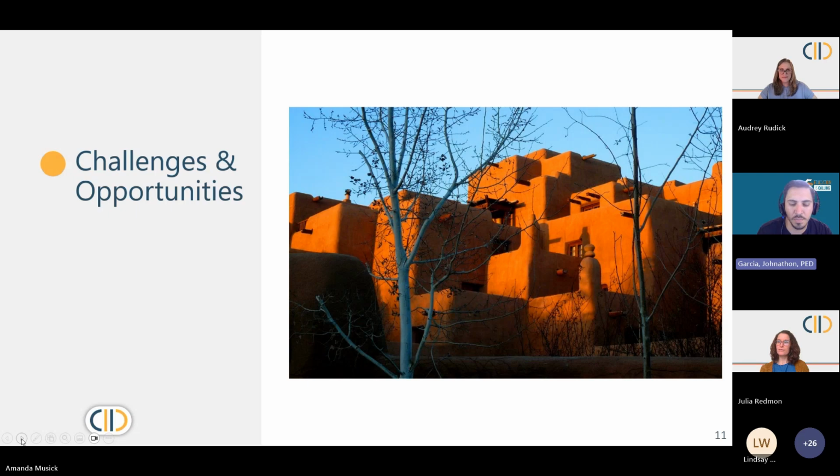What role was Tom going to play at the time? We weren't exactly sure. I know he was helping us out to get it resolved when we first hit those challenges, but what was his long-term role going to be? What was my role going to be? There's just a lot of what ifs when we hit that huge hurdle, but then we were able to stabilize the ship after a little bit of time.